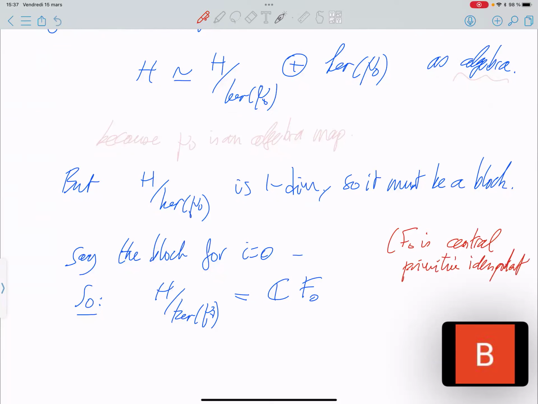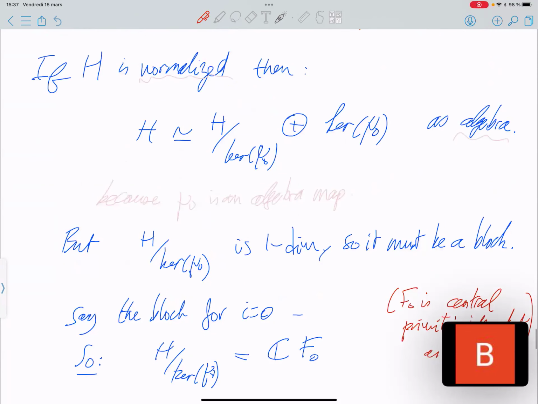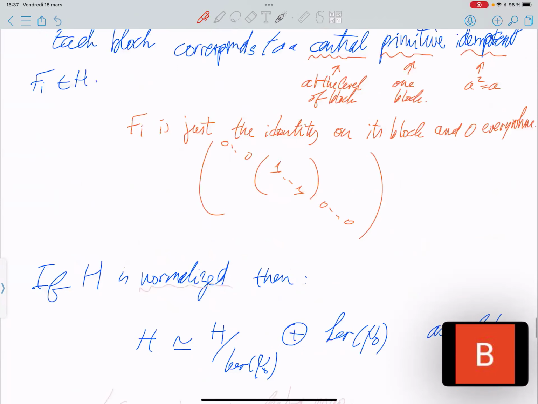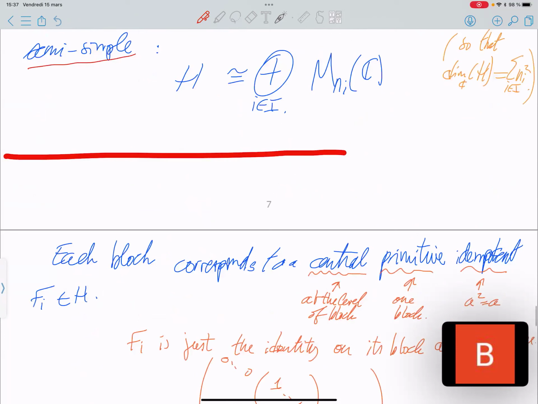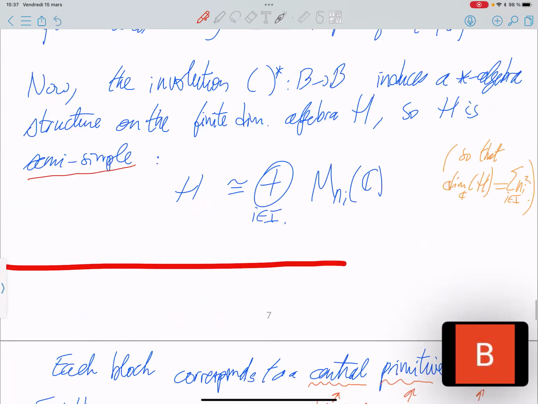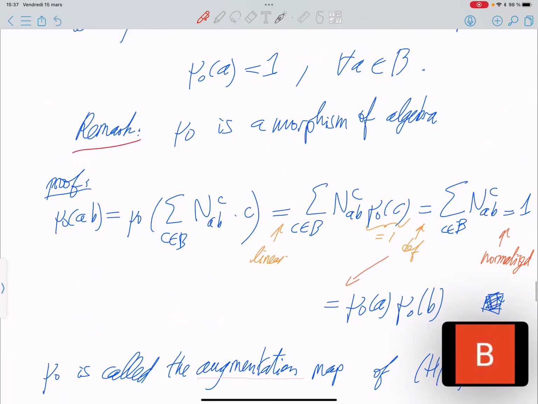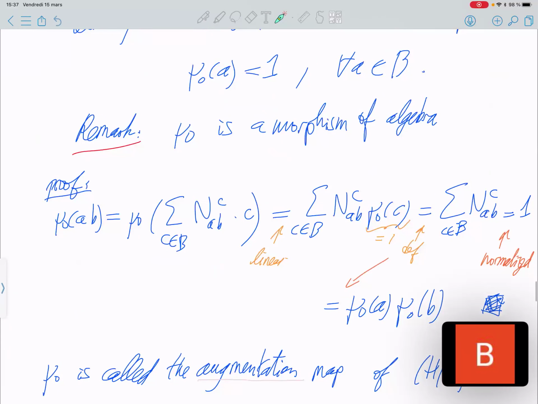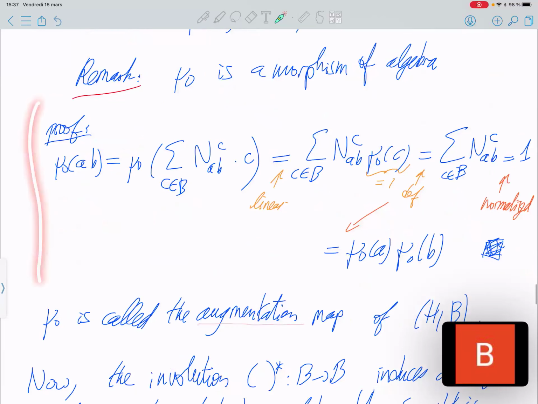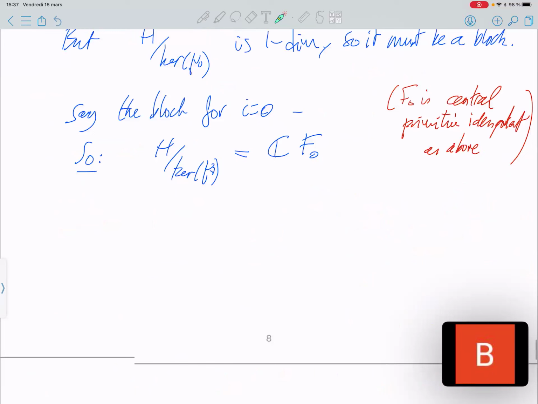In fact, in the paper we did not write all these details. We just wrote let F0 be the primitive central idempotent corresponding to mu0. We skipped this and did not even prove that. For people who are comfortable with basic algebra, maybe it's okay.